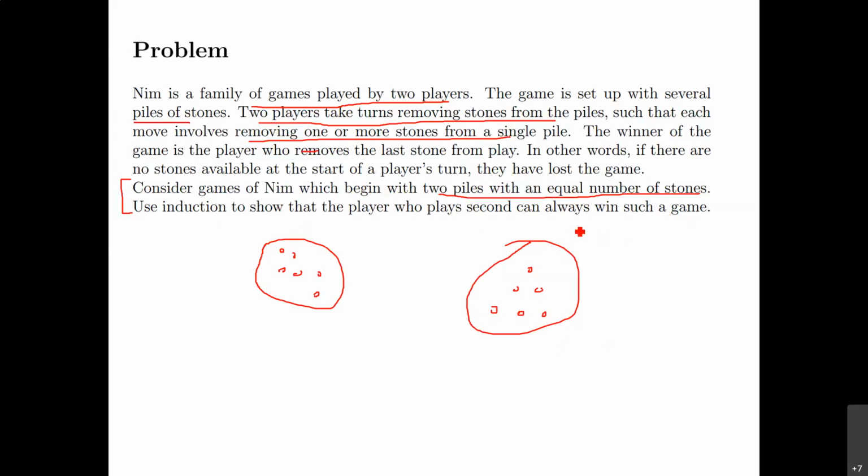Now remember, what's the game? Player 1 removes some stones from this pile. Then player 2 removes something from either this pile or this pile. They can choose whatever pile they want, and they can remove some number of stones from it. They're saying that the player that plays second can always come up with some strategy such that they always win.